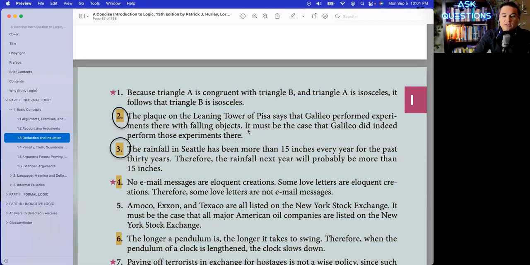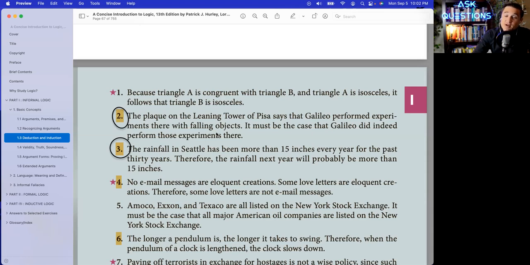It's tricky because this phrase, "it must be the case," might sound deductive to you. But if you think about how much support the premise here provides, it turns out that it doesn't give us 100% support. It doesn't guarantee the conclusion.